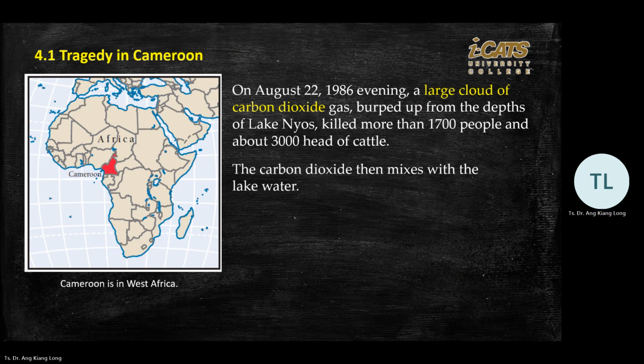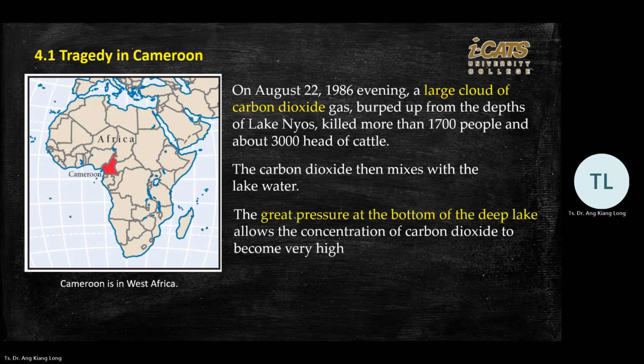And it also answers how an element that is non-reactive suddenly becomes reactive, under what kind of condition. So the incident killed the whole village because of the lake water.